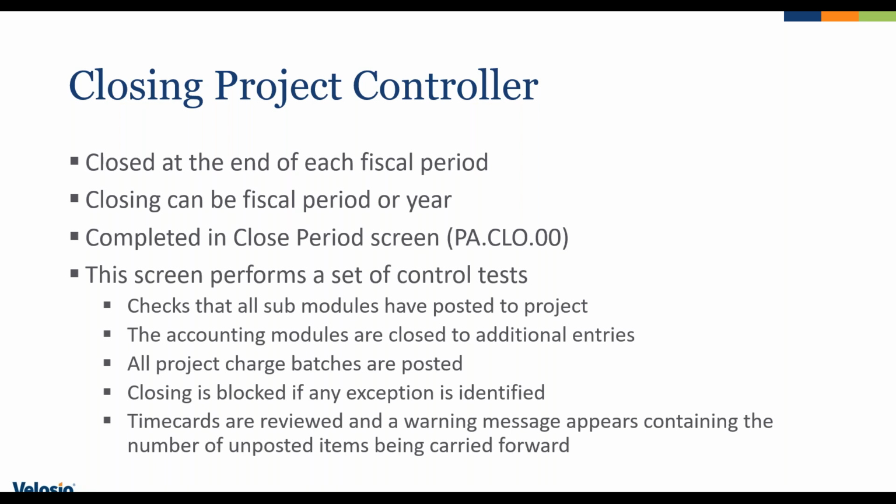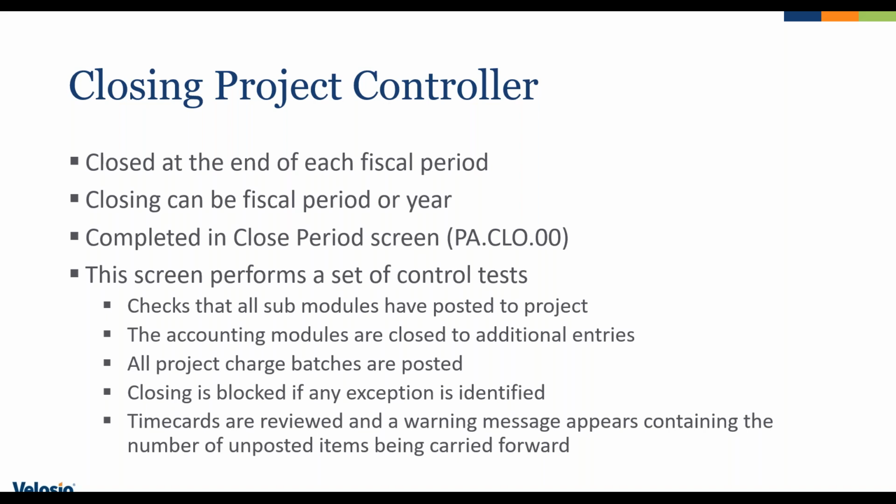And this screen is going to do a set of control tests when we process. It's going to check and make sure that all your submodules have posted to the projects, that the accounting modules are closed to any additional entries. It makes sure all project charge batches are posted. And if any exceptions are found, that closing process can be blocked. Also, it reviews the time cards, and a warning message will appear containing the number of unposted items that are being carried forward.